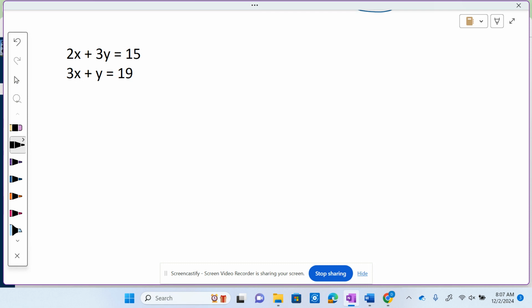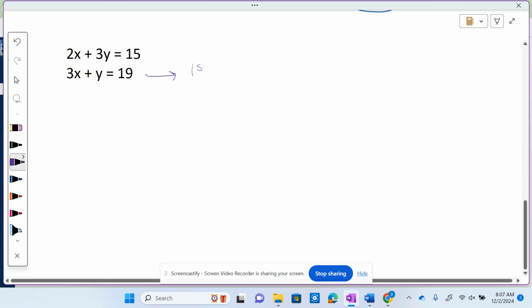We're going to take our second equation and we're going to get y all by itself. So let's do that. So I'm just going to draw an arrow that says first, solve for y. So what does that look like?